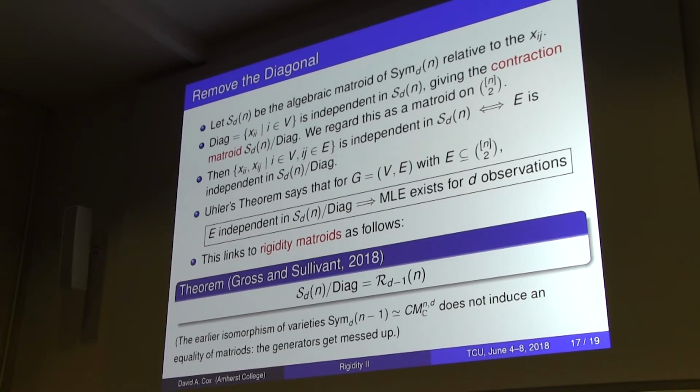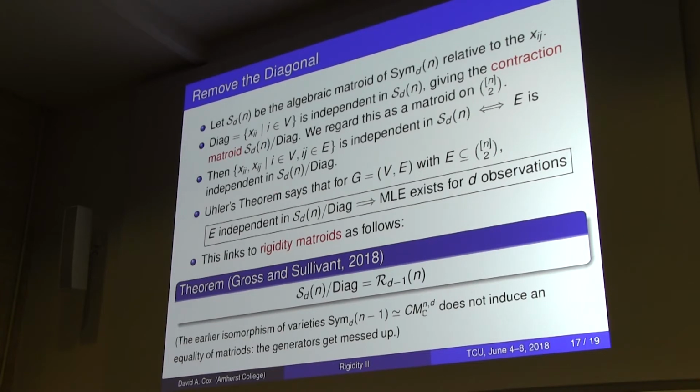The way this works is that a set like this is independent in the original matroid, where I put in all the diagonal elements and some other stuff, if and only if E is independent in the contraction matroid.